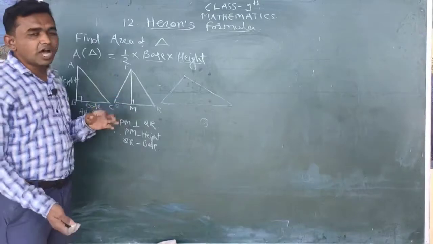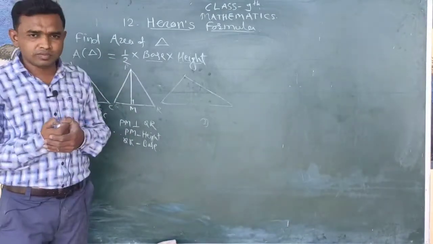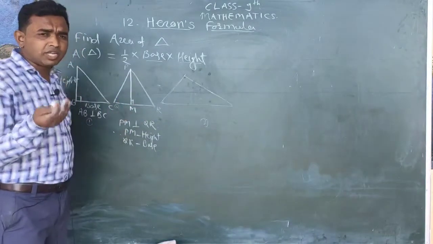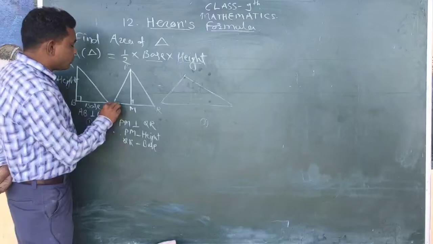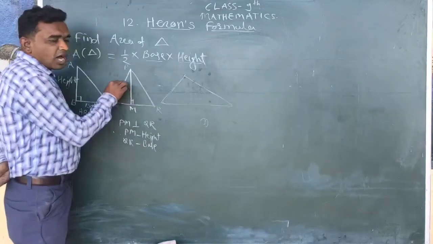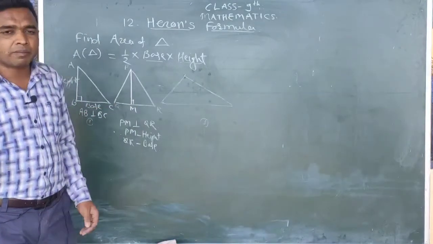So when the height is not present in a triangle, you simply draw a perpendicular. We draw a perpendicular PM on the side QR. Similarly, we can also draw the perpendicular QN on the side PR, and RL on the side PQ. There is no compulsion about which side to draw the perpendicular on.